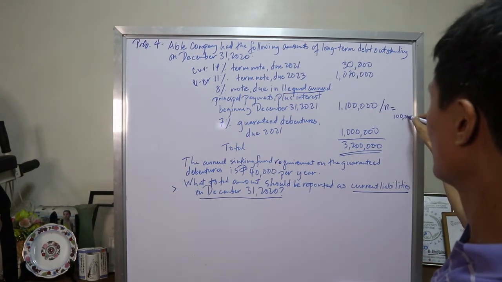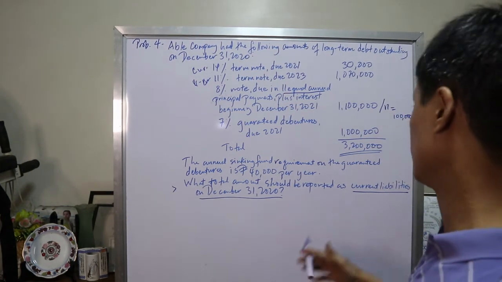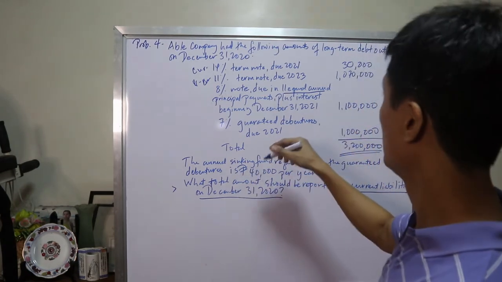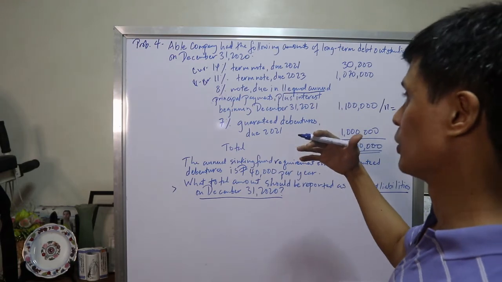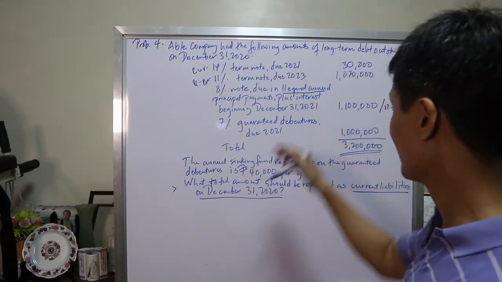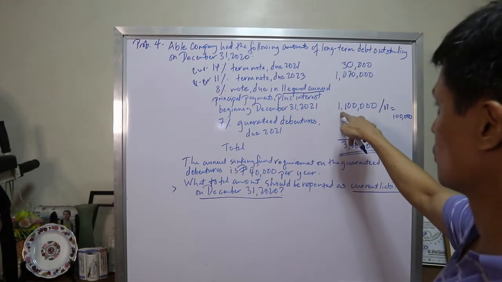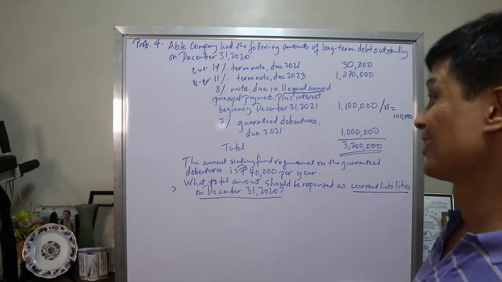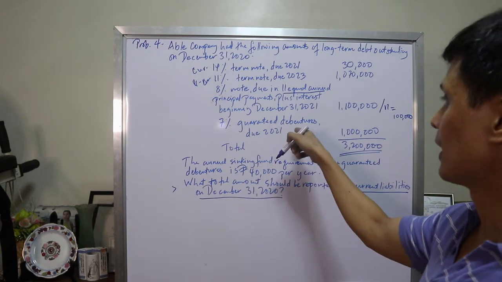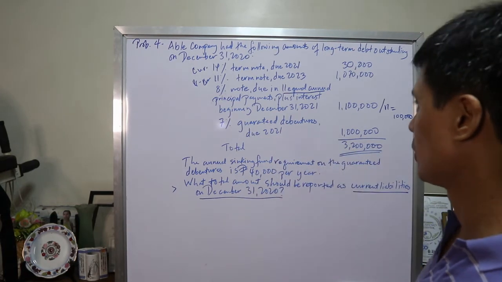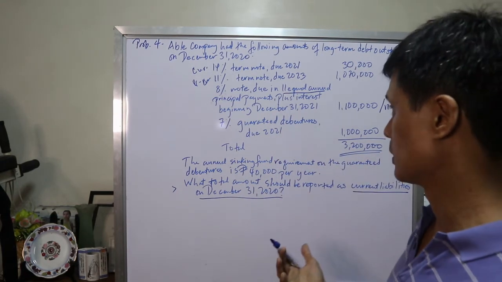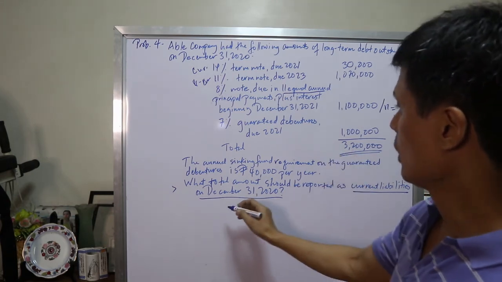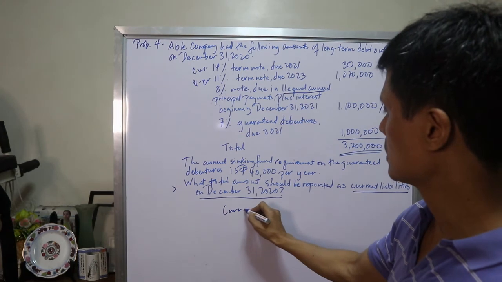Even without computing. Actually, you can just deduce from this: 1.1 million divided by 11, so you get 100,000. Then 7% guaranteed debentures due 2021. So this one is long term. So this is your current liabilities.